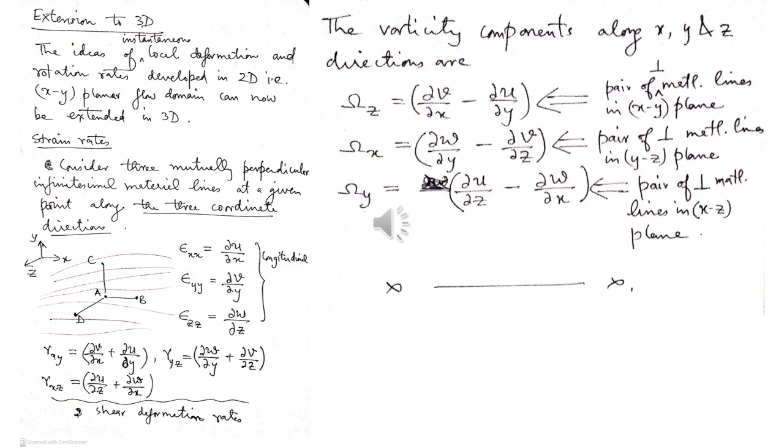So this is one of the complications. And then the rotation rates: in general the rotation of a material line in space will have, so to speak, two angular velocities. So again the rotation is getting complex in 3 dimensions.